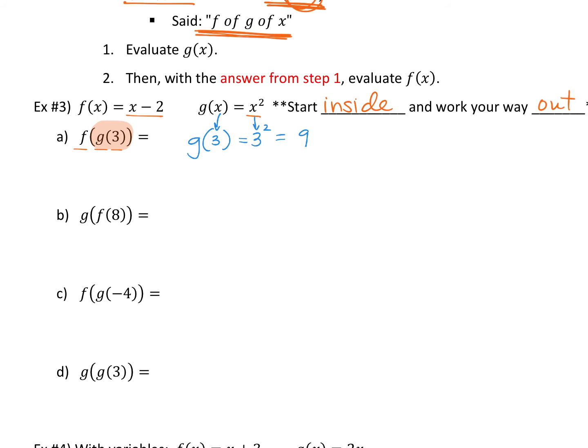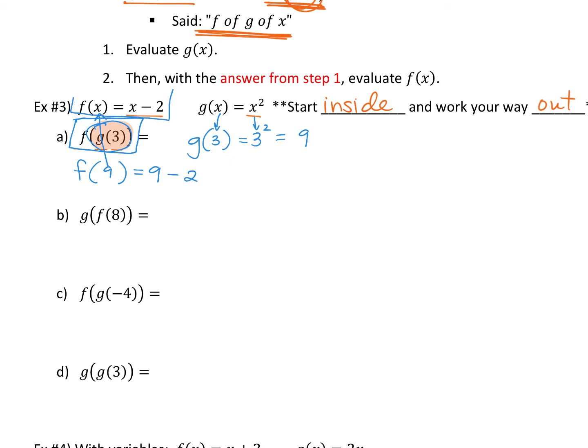Okay, so now here's what this is saying. Now take f of that. So now they're saying take f of 9, right? Whatever you got for your g of x function, now plug that into your f of x function. So that f of 9, that's going to go up here. F of 9 equals 9 minus 2.